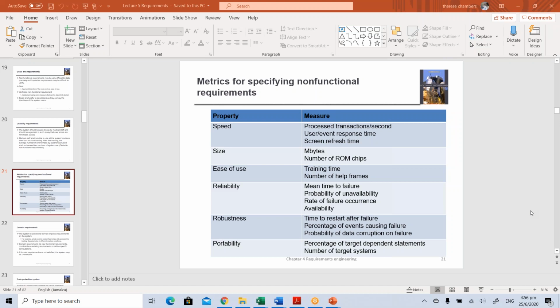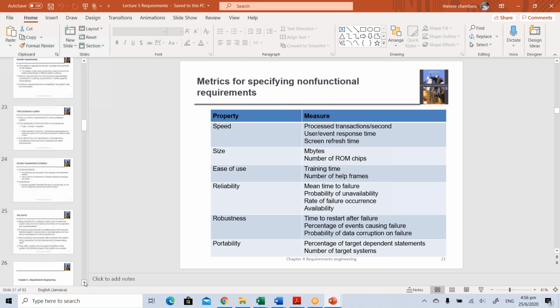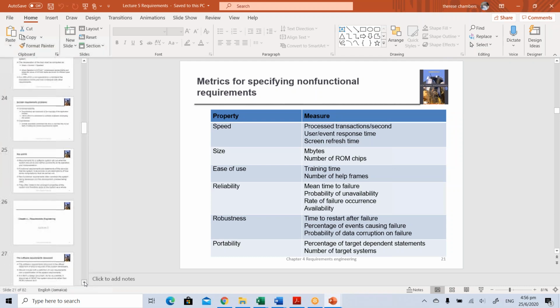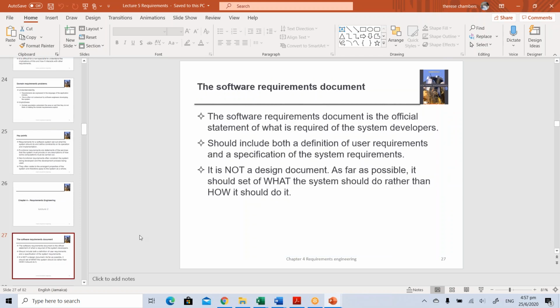It goes on now to domain requirements, which I said I'm not going to go into with you. And the next set of slides that we will look at on Tuesday, we will pick up here, and that is the document itself. So we went through what are functional and non-functional requirements.